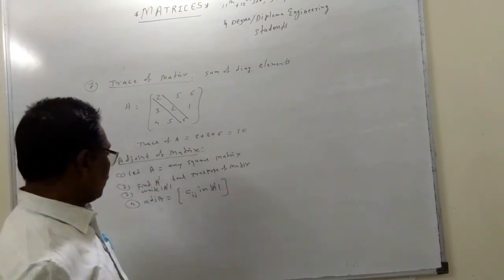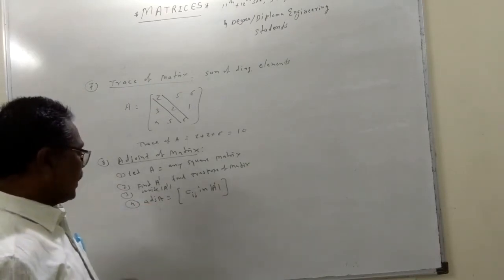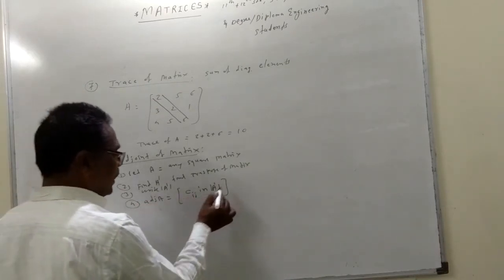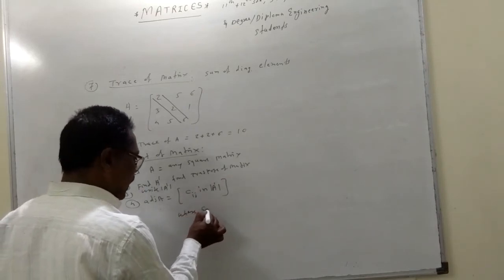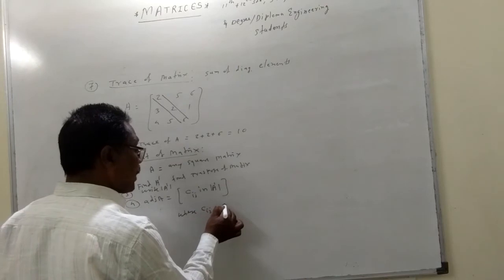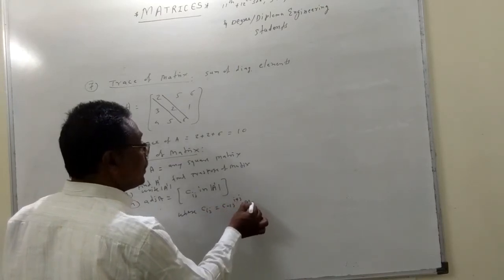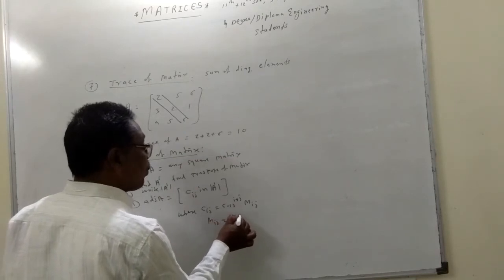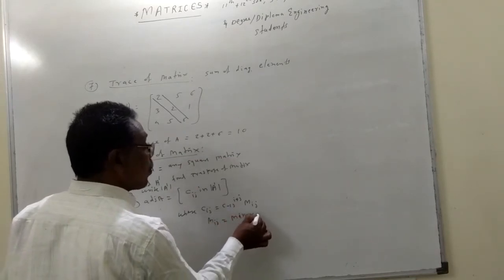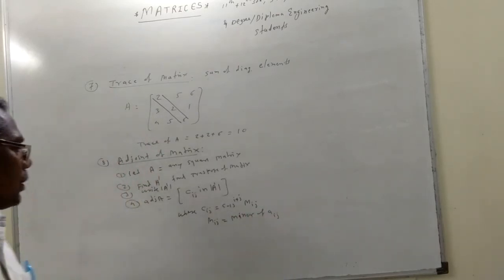Adjoint A is equal to the matrix of Cij in determinant A transpose. Here Cij is equal to the cofactor, minus 1 raised to i plus j into Mij. Mij is equal to the minor of Aij, the ijth element's minor.